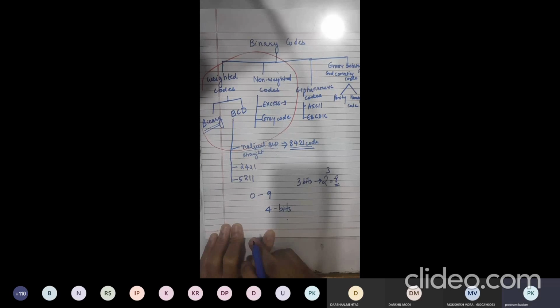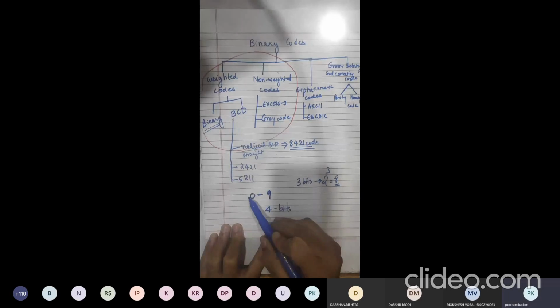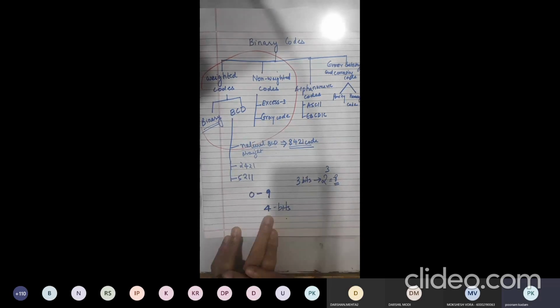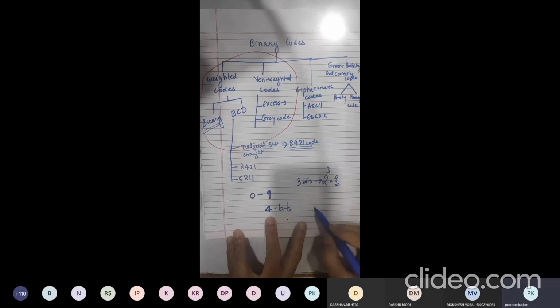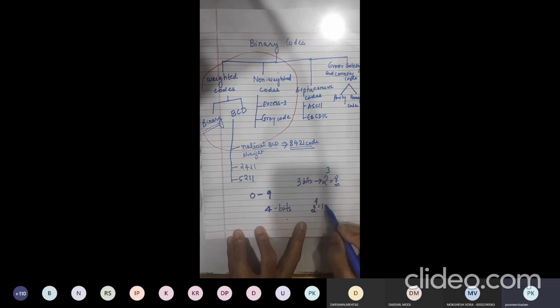But we have to assign a unique code to decimal numbers from 0 through 9, which means 10 numbers, right? So we require at least 4 bits. With 4 bits, we can represent 2 raised to 4, which is equal to 16 numbers, right?